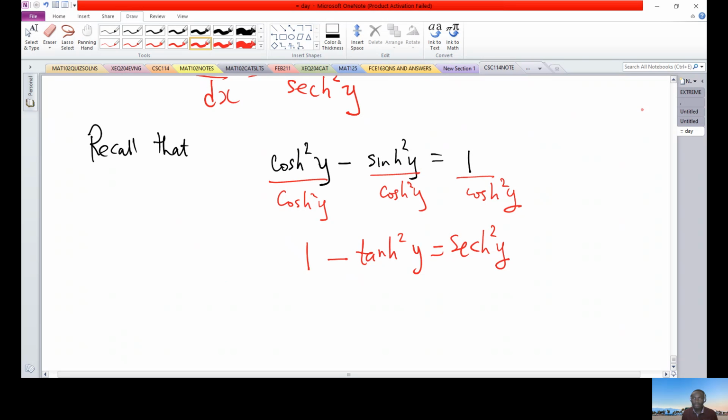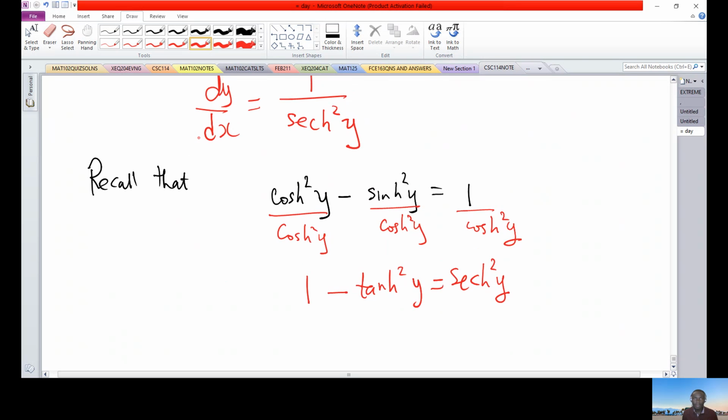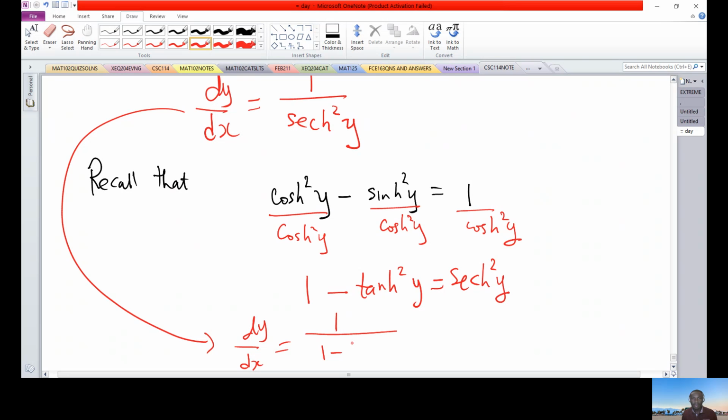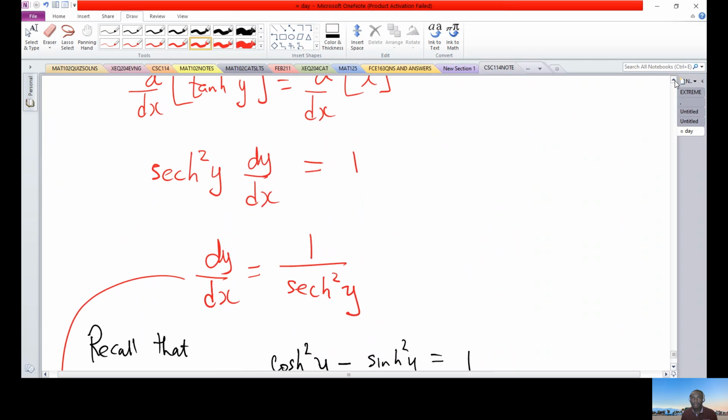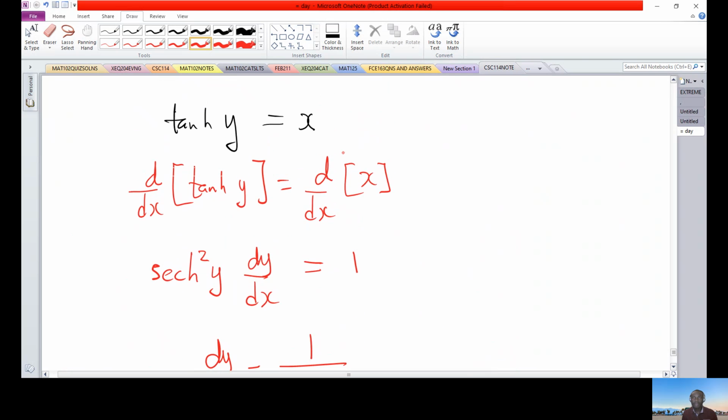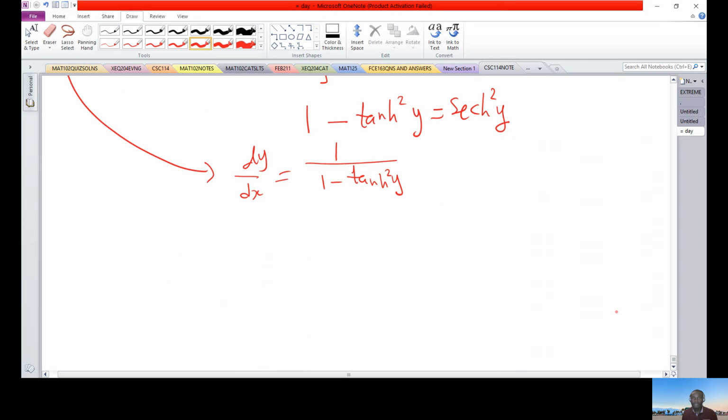So therefore now you rewrite this equation as dy/dx equals 1 over. So instead of writing hyperbolic sec squared of y, you write it as 1 minus hyperbolic tan squared y. But you remember from the word go, hyperbolic tan of y is given by x. So when you square it, it will be now x squared. So this will be 1 over 1 minus x squared.